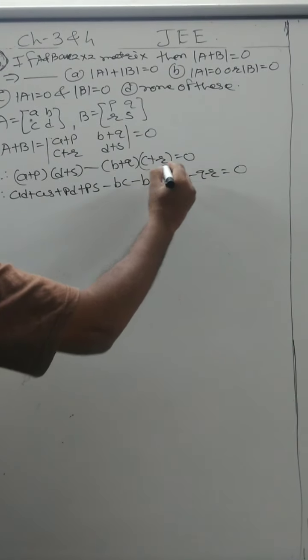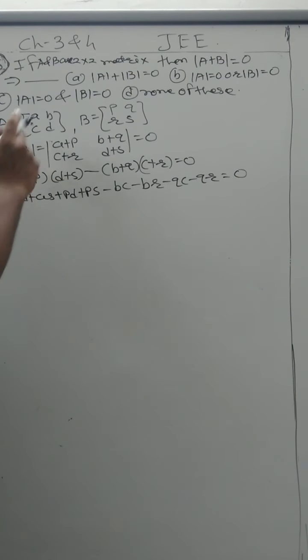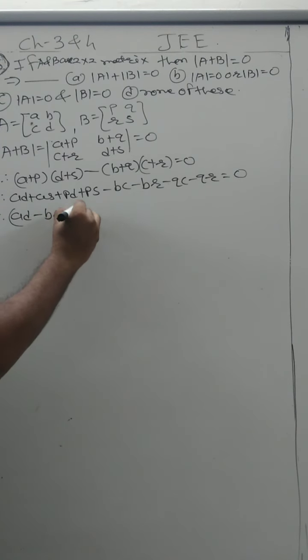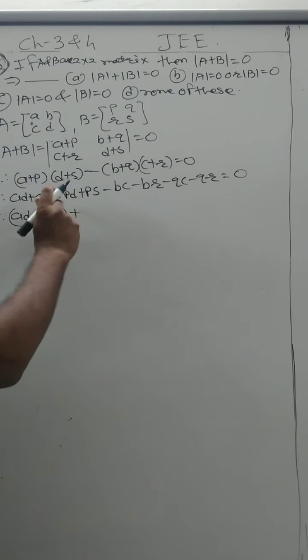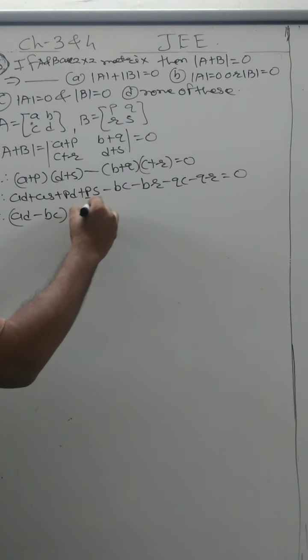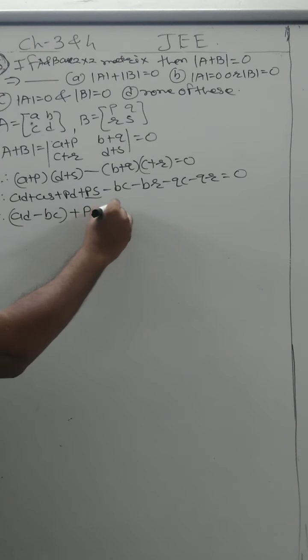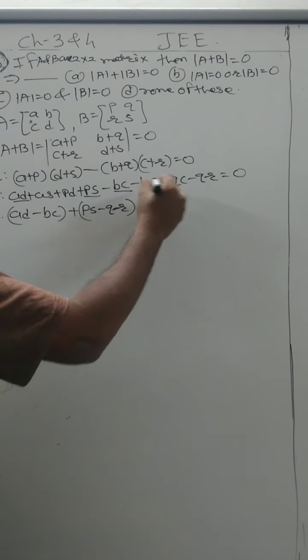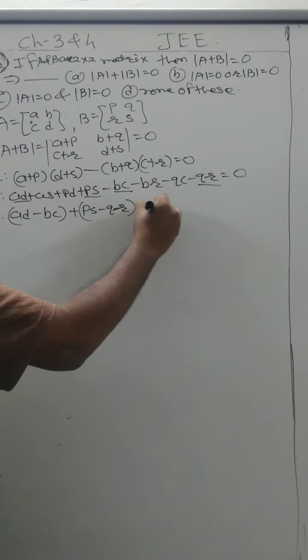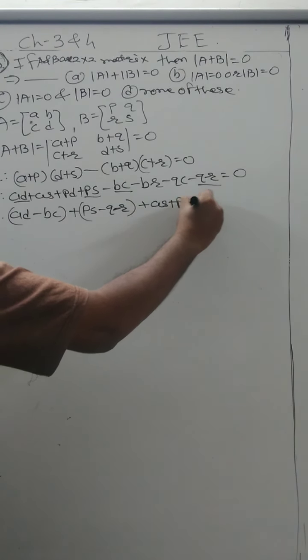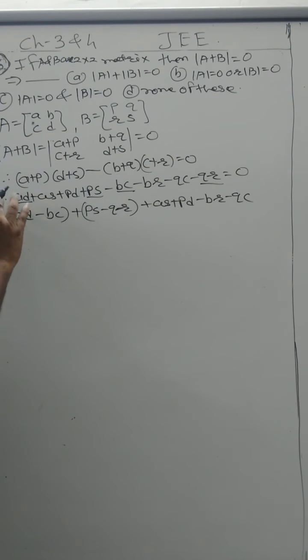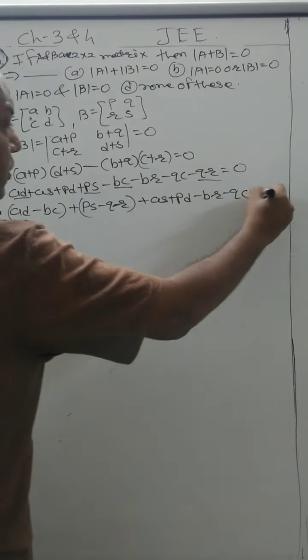Now, ad minus bc we take together, plus ps minus qr, we just take together. So ad minus bc, ps minus qr are taken together, plus as plus pd minus br minus qc are there. So this therefore is equal to 0.